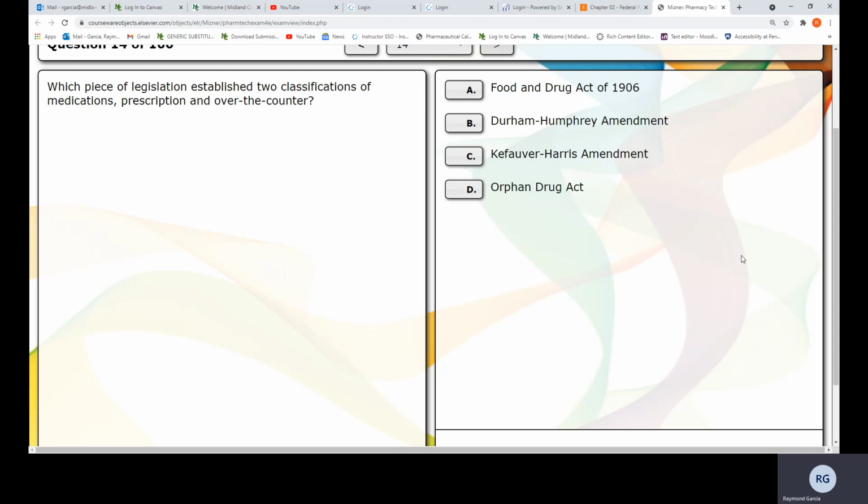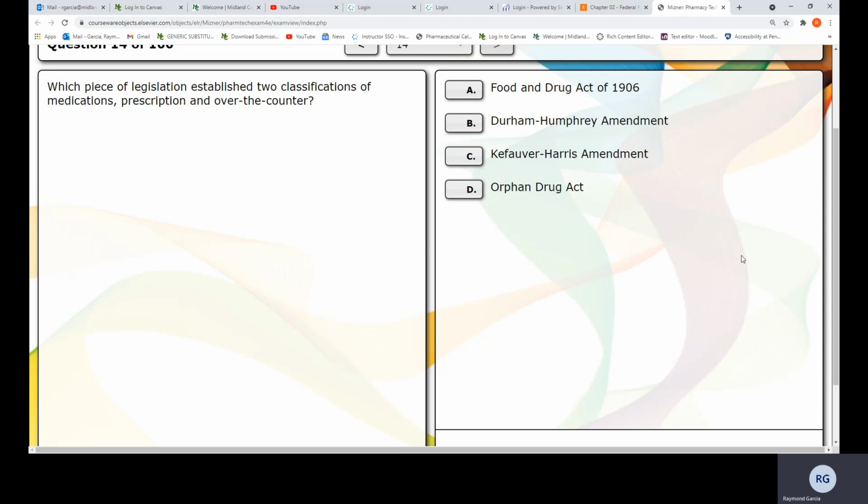Which piece of legislation established two classifications of medications, prescription and over-the-counter? The Orphan Drug Act is mainly for patients who have very rare diseases, drugs for 200,000 people or less.